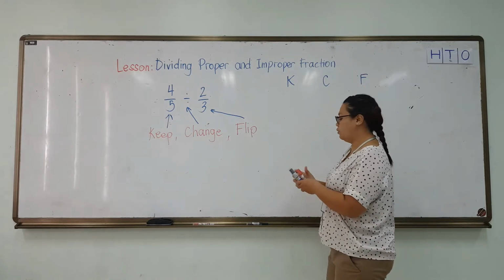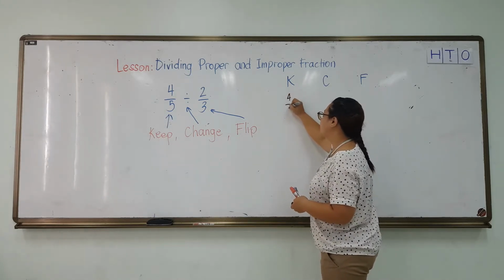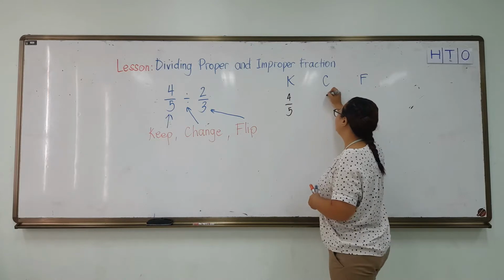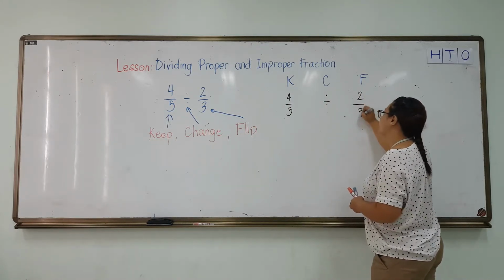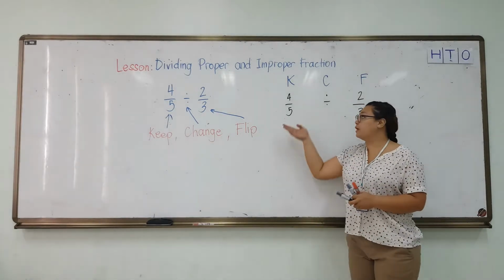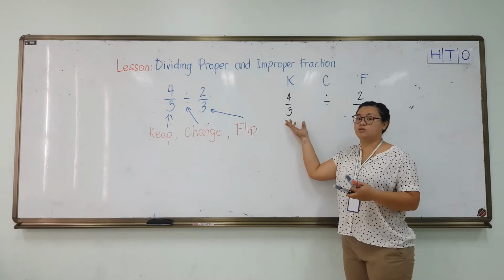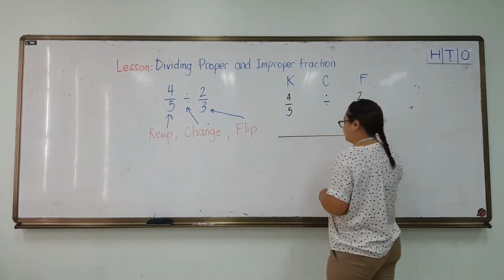Alright, so we have 4/5 divided by 2/3. So because we are keeping 4/5, it means we're not touching it. It stays the same.